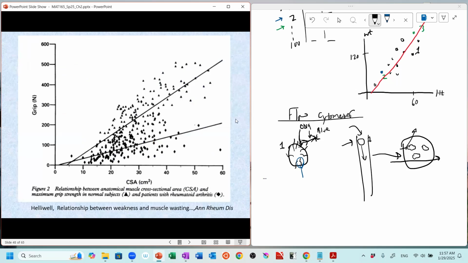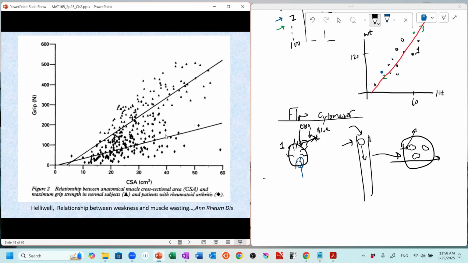And here's a scatter plot that came out of a paper. It's an older paper, so it's not really the best picture, so sorry about that, but you can see that on this scatter plot, at the top right they're triangles, and in the bottom right, they're diamonds. This is comparing two subpopulations, people who are, quote, normal and people who have rheumatoid arthritis.